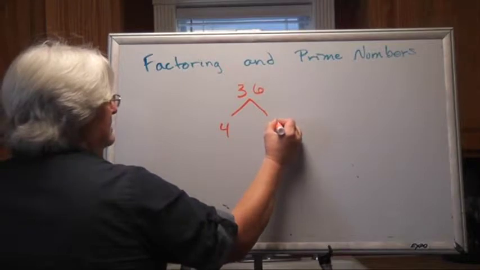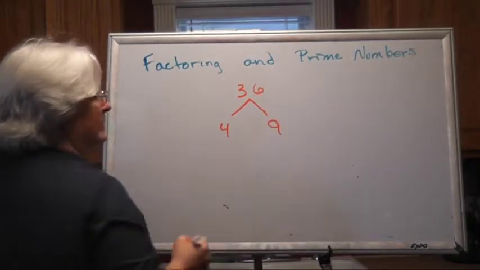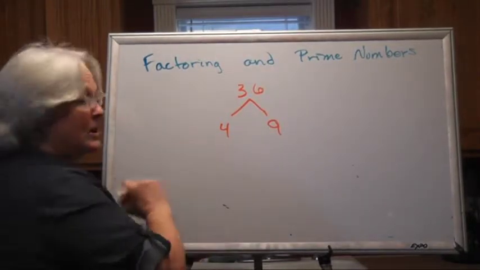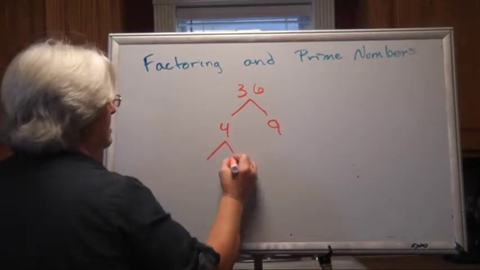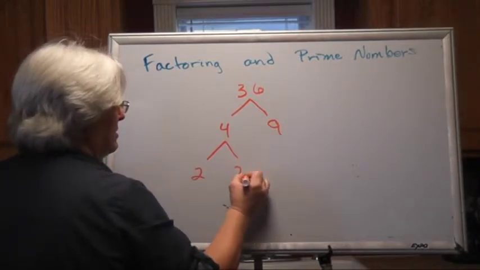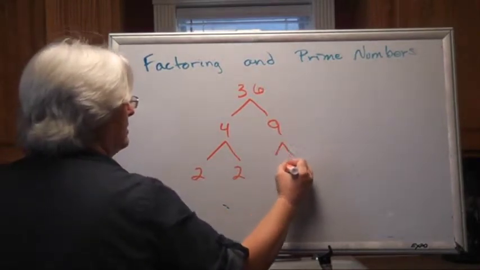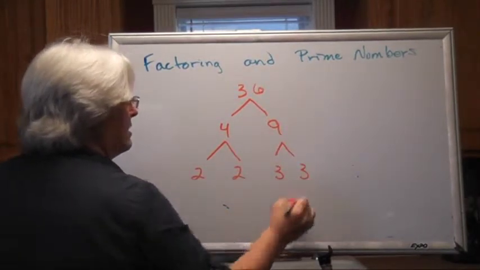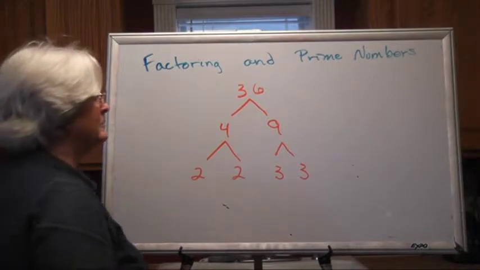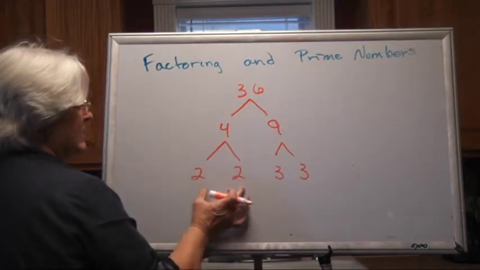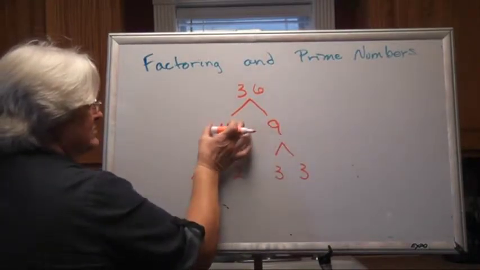4 times what is 36? 4 times 9. Is 4 a prime number? No, because you can write 4 as 2 times 2. 9 can be written as 3 times 3. We want to keep breaking these individual numbers down.